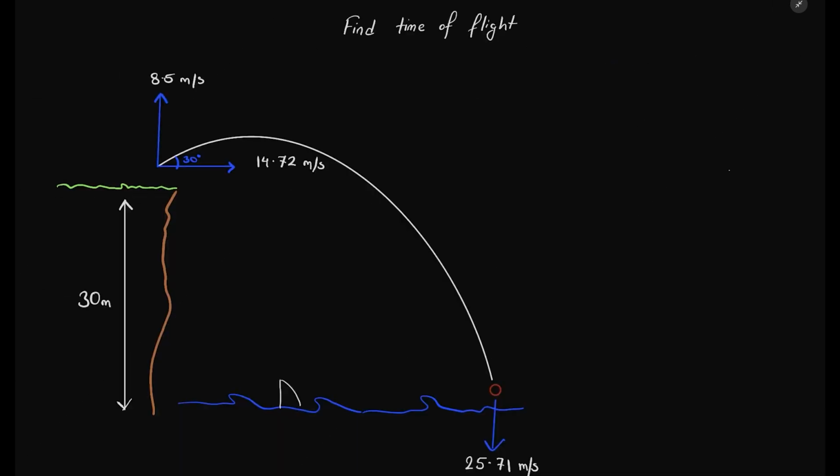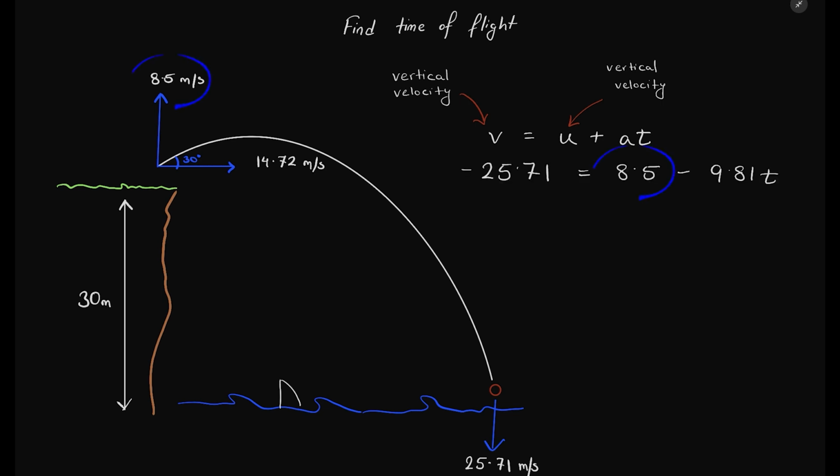The next question might be, find the total time of flight of the projectile motion. As we have a lot of vertical velocities, we can use this in the equation v equals u plus at. Initially, the vertical velocity is upwards at 8.5. Finally, the vertical velocity is pointing downwards at 25.71 meters per second.